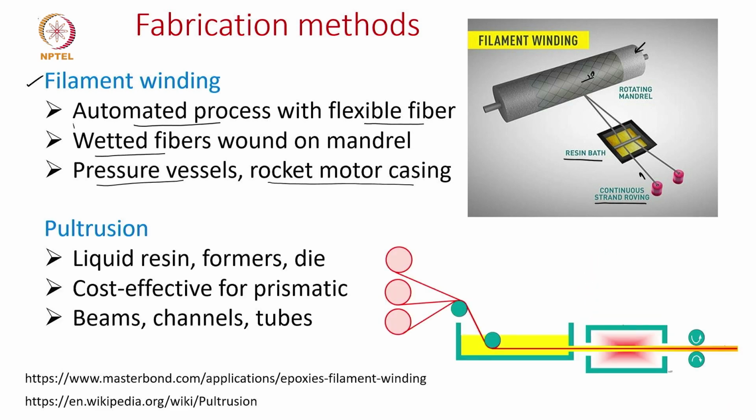So, the next method we look at is pultrusion. In pultrusion again we start with rovings or the tows or the spool of fibers. So, this is the fiber. This is passed through a resin bath.